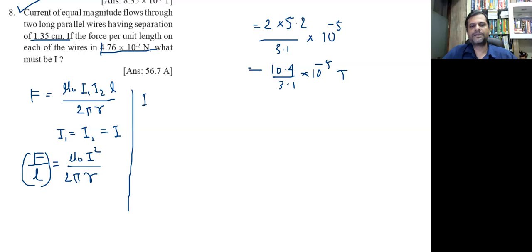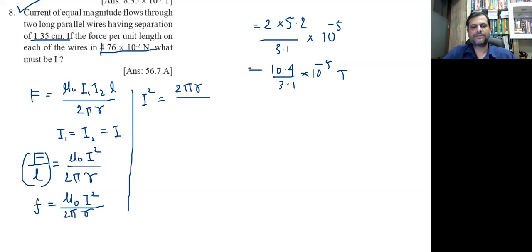So if we rearrange for I square, what will the value be? First, let us write F upon L as small f. Small f stands for force per unit length, which is a single quantity here. So small f equals mu naught into I square upon 2 pi r.